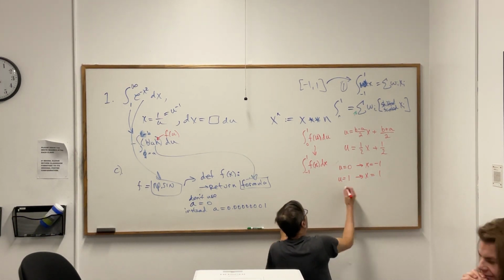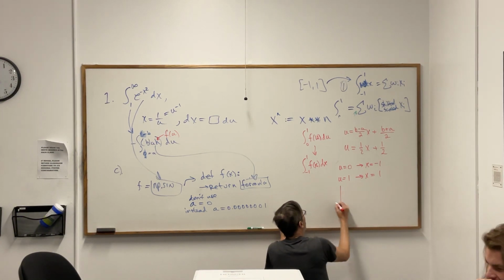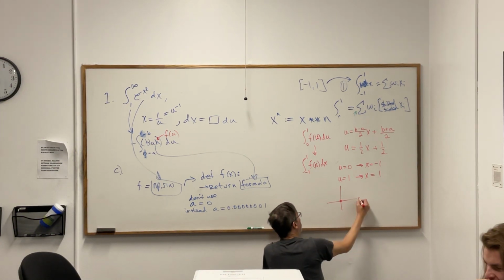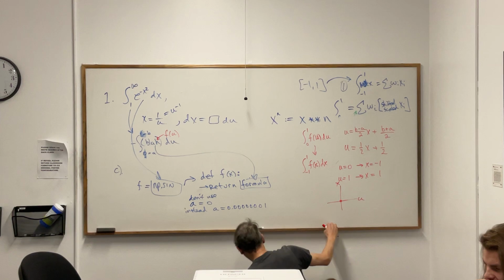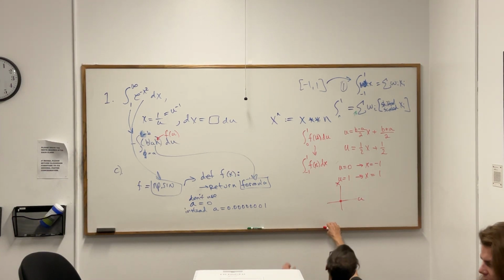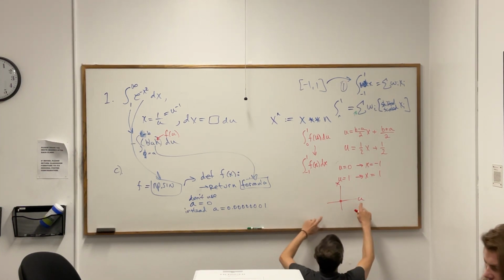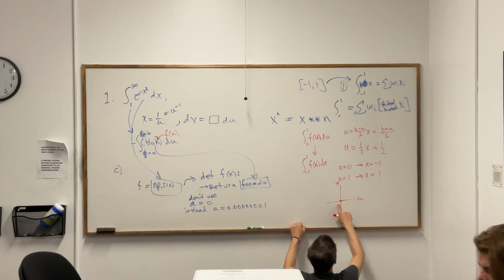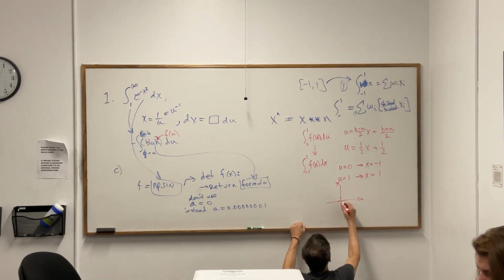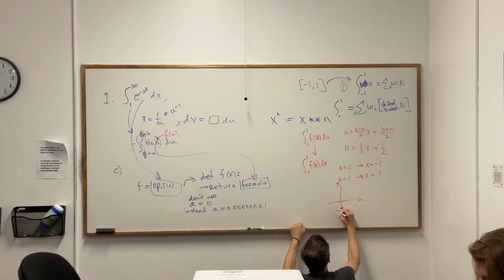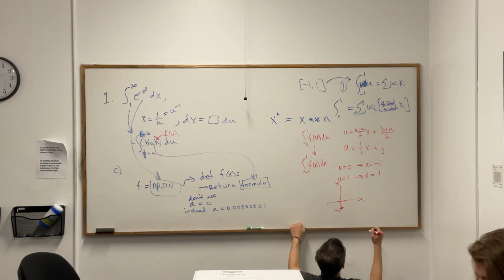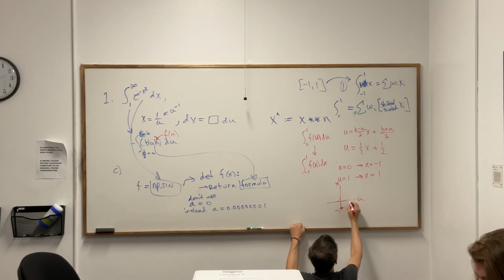In other words, I want to take the point 0, so here's my u-axis and here's my x-axis, and I think that's why the results we're seeing are so terrible. When u equals 0, we want to get x equals minus 1, so that's minus 1 there. And when u equals 1, I want x to be plus 1.